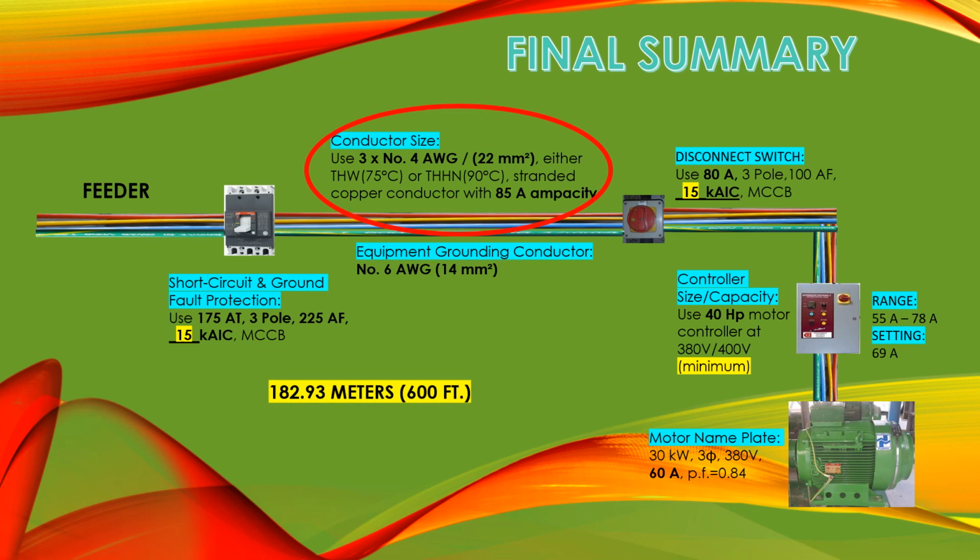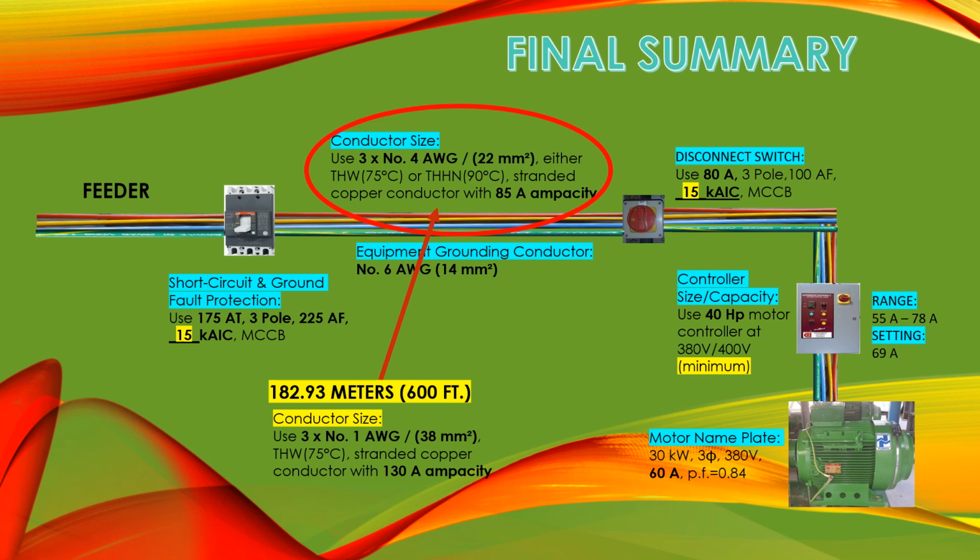Now we increased it to 600 feet or 182.93 meters. So from 22 mm squared, we increased the conductor size to number 1 American wire gauge or 38 mm squared due to voltage drop.